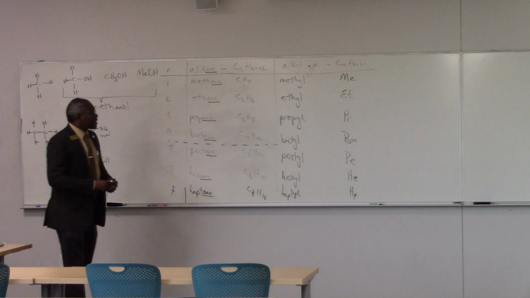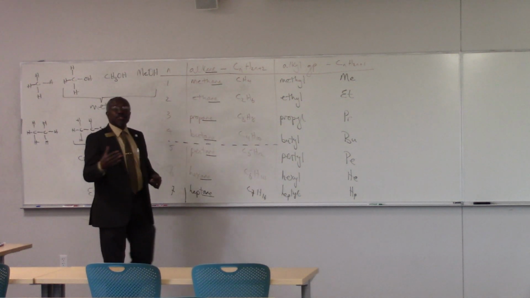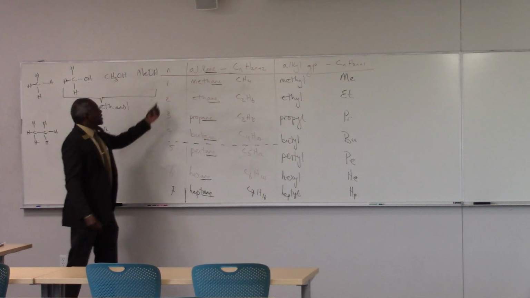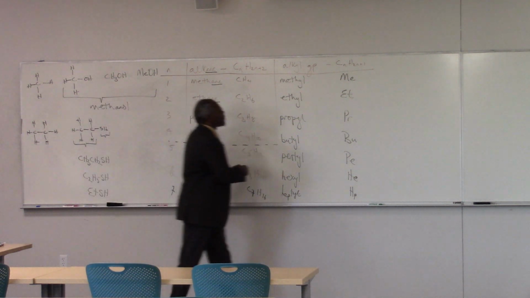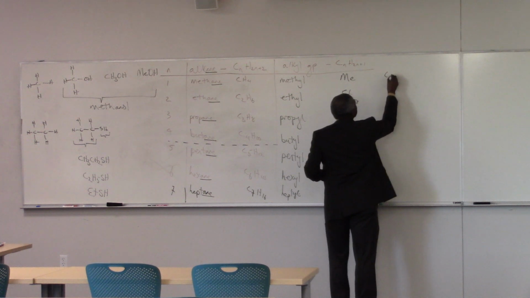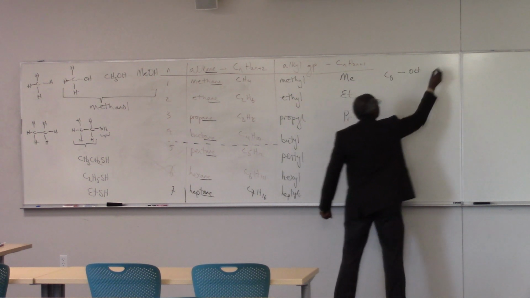So what are the prefixes for which you're responsible? Well, it's meth, eth, prop, but, pent, hex, hept. As you might expect, C8 is going to be oct, which is OC.